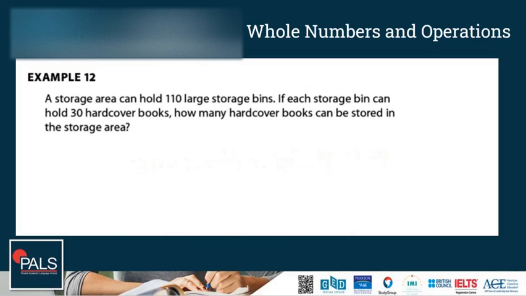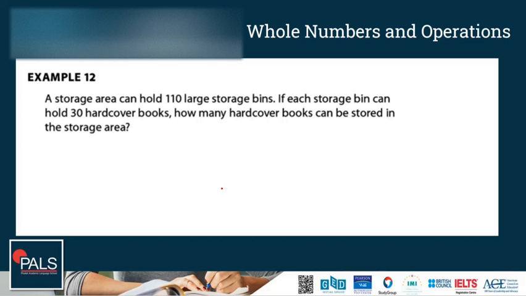Another example, example number 12. It says, a storage area can hold 110 large storage bins. If each storage bin can hold 30 hardcover books, how many hardcover books can be stored in the storage area? Like example 10, this problem is asking for a total. What makes it different is that the total involves groups of books in storage bins.